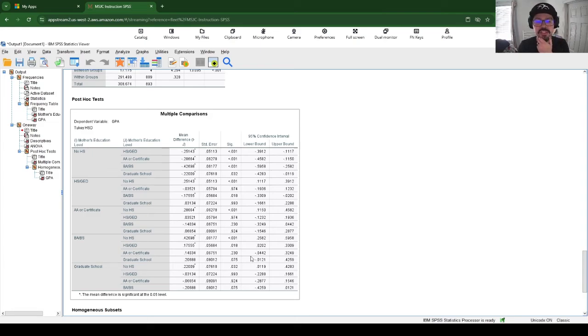Between bachelor's and associate's, there is not significance. Between bachelor's and graduate school, there's no significance. And finally, by this last comparison, graduate school to no high school, yes, there is, but we've already reported on it previously. And then there's no significance for the rest of these categories.